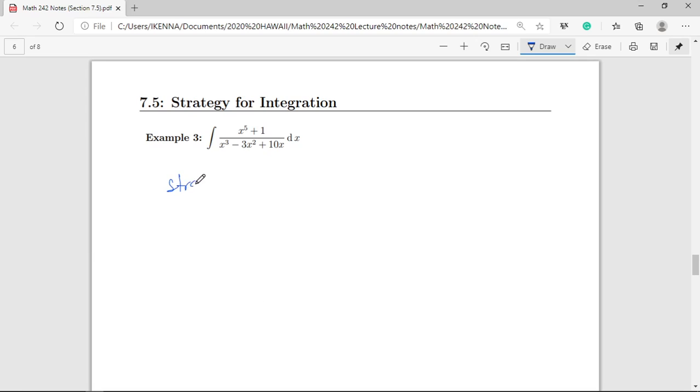So the strategy is to decompose into partial fractions and integrate.